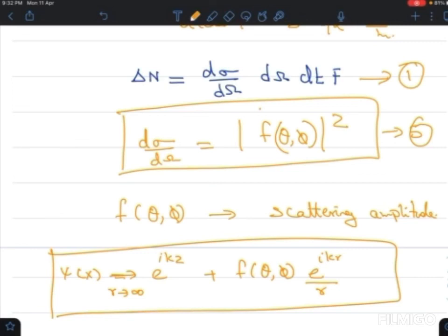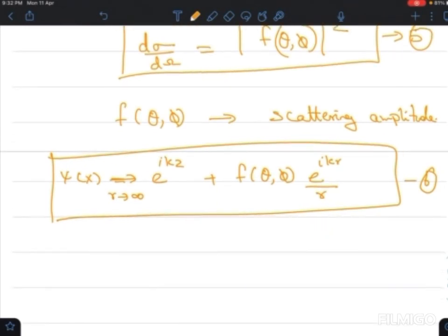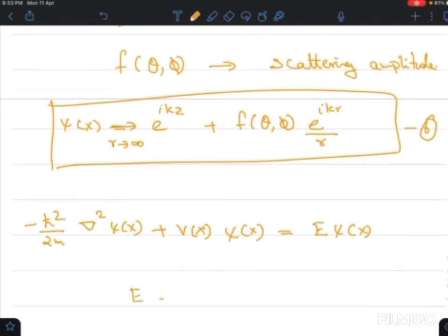This I'll put as equation number 6. Since this stationary wave function must satisfy the time independent Schrodinger equation, we have minus h cross square by 2m del square psi of x plus V of x psi of x is equal to E psi of x, and you know that E is equal to h cross square k square by 2m, and V of x is nothing but your potential energy function for the projectile particle in the force field of the scattering center.